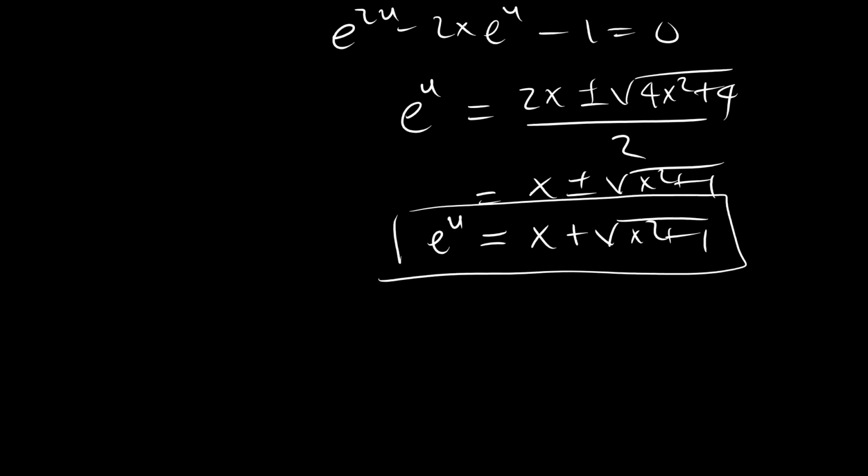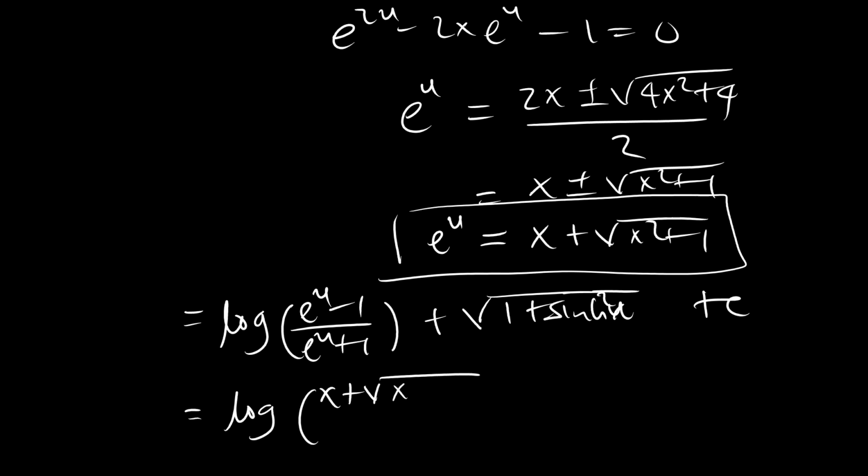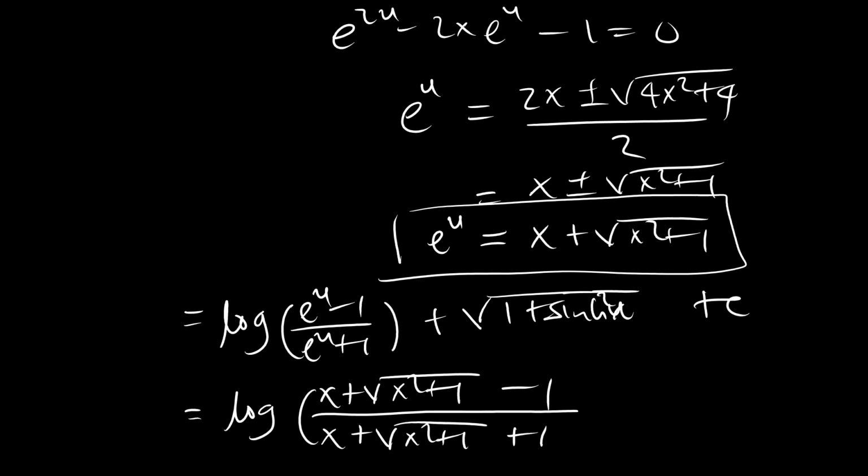as our option. So if our answer is log of e^u minus 1 over e^u plus 1 plus cosh u, which is the same as the square root of 1 plus hyperbolic sine squared of u, plus c, we just now say our integral is the log of x plus the square root of x squared plus 1 minus 1 over x plus the square root of x squared plus 1, plus the square root of 1 plus x squared, plus c, since u is x.